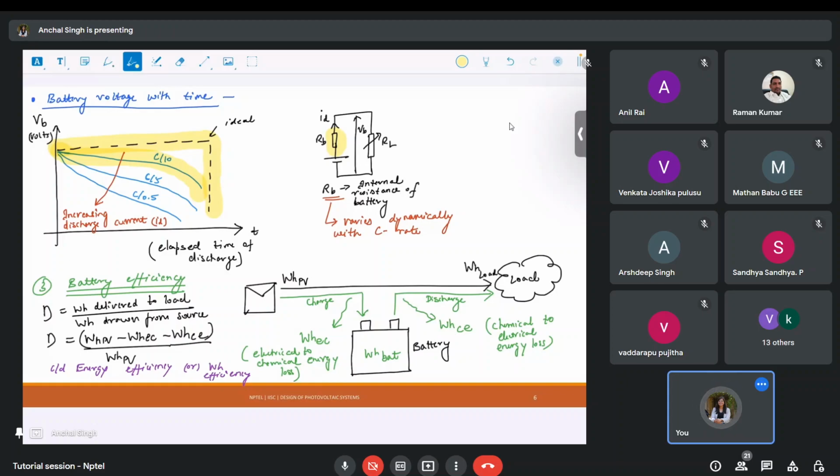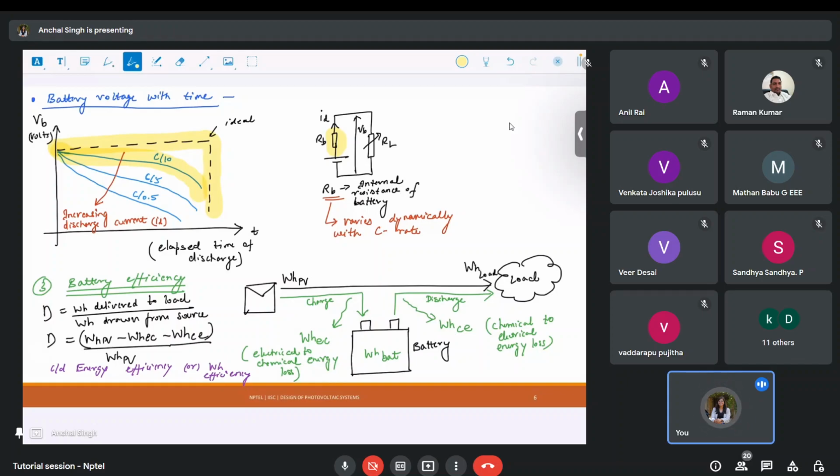So the moment I increase my discharge current, my characteristics become more deviated from the ideal characteristics. So the thing to remember from here is that as you increase the discharge current, the characteristics deviate from the ideal characteristics. That is why we don't go for fast charging.